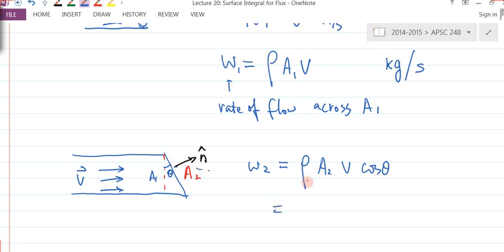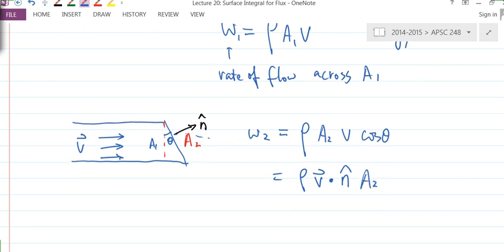So if I use a dot product, this is going to be rho V dot n hat, then times A2. That's the rate of flow across the section area A2. Does that make sense?